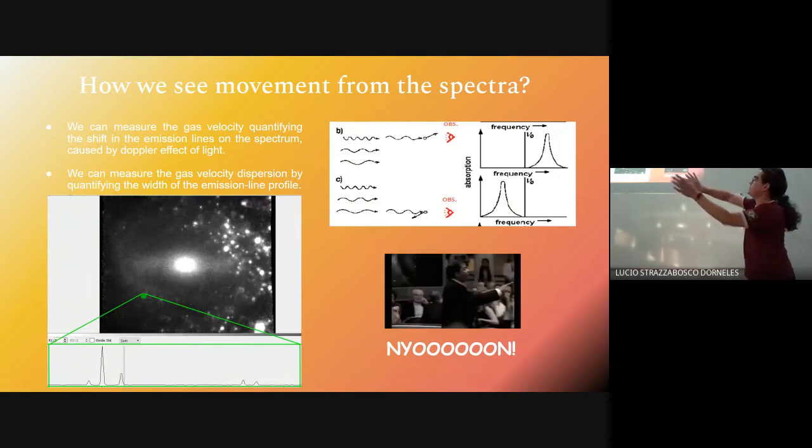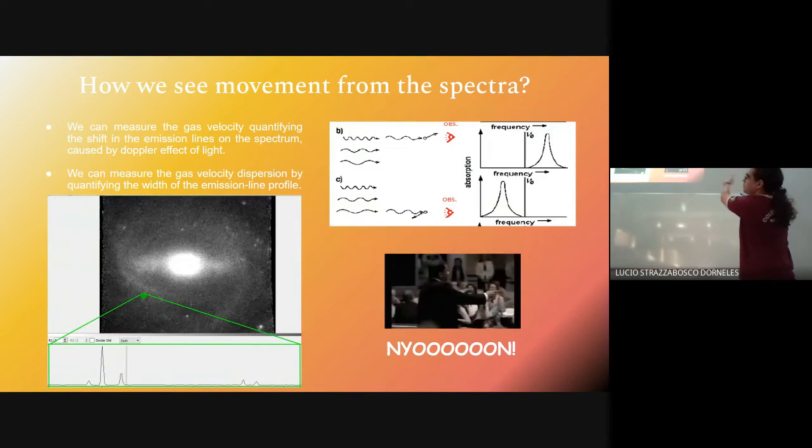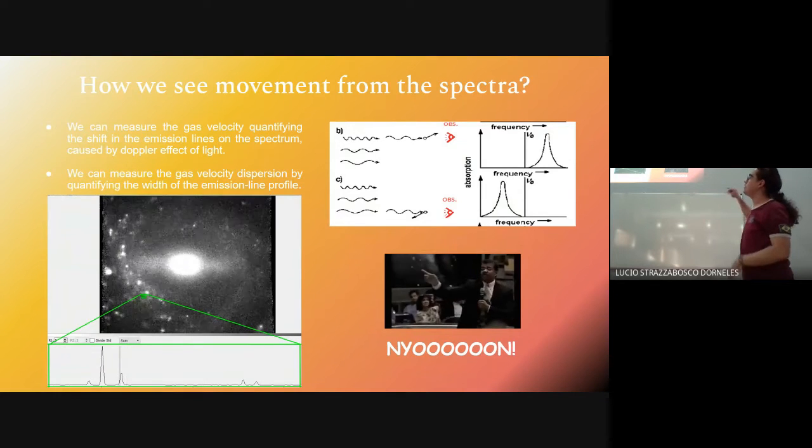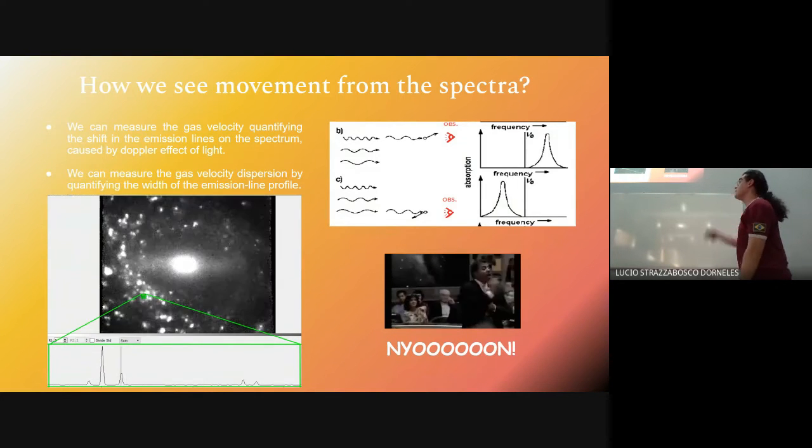That's why we see this movement to the right. Here we are seeing the gas that is approaching. Here we are seeing the gas that is going away from us.